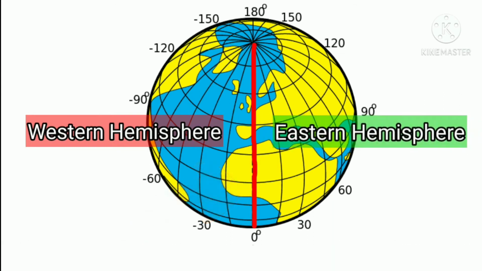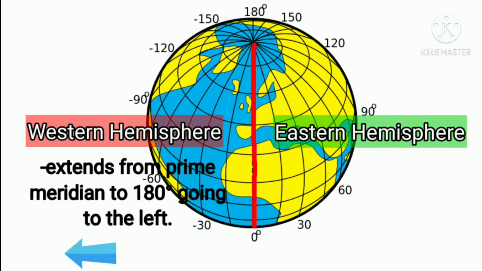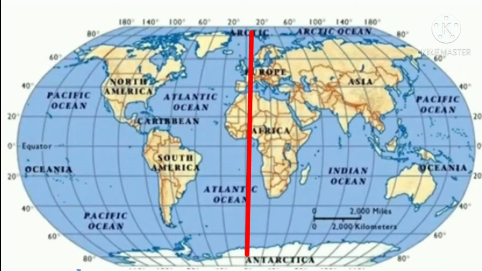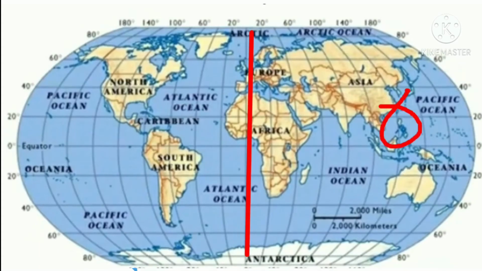The Western Hemisphere extends from prime meridian to 180 degrees going to the left, while the Eastern Hemisphere extends from the prime meridian to 180 degrees going to the right. The Philippines is located in the Eastern Hemisphere.